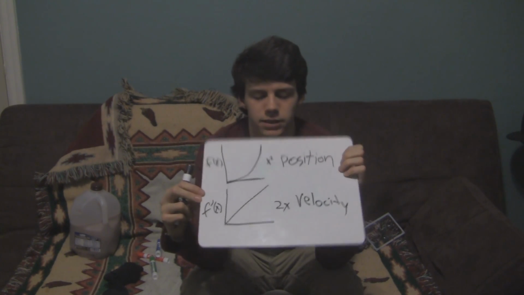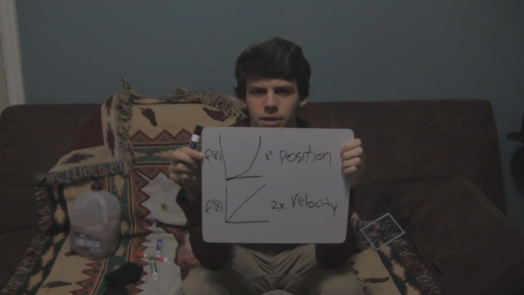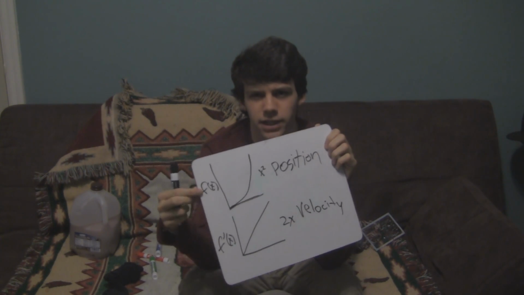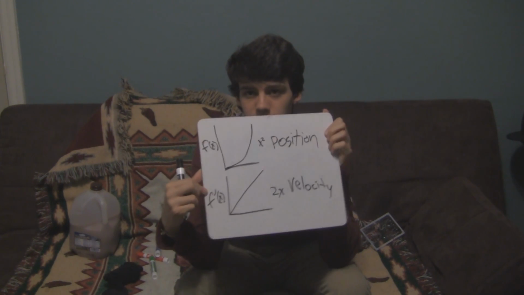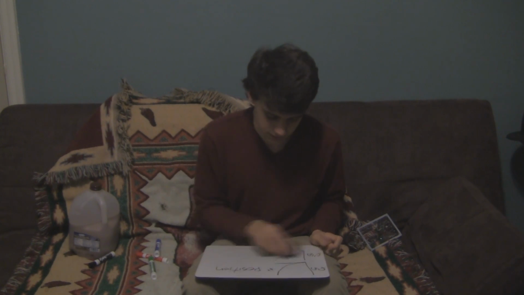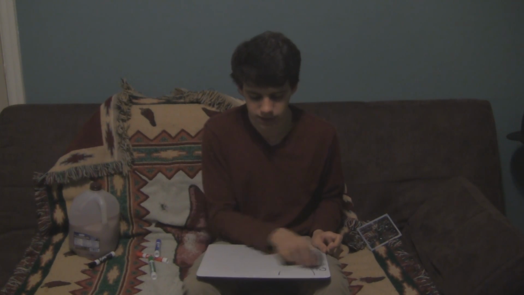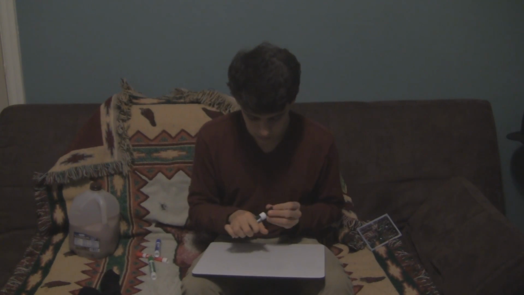Your position, which let's say is represented by the graph of x squared, the slope of that, or the derivative of that in graph form, would be your velocity. That's something you just need to know for the bigger understanding of what we call related rates.